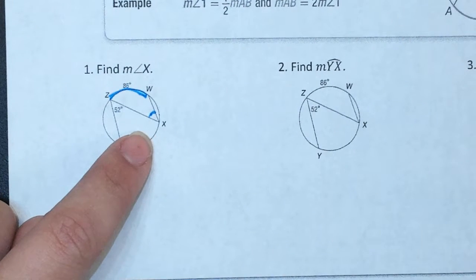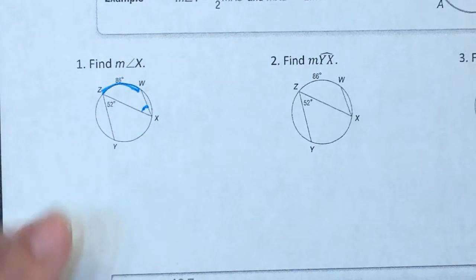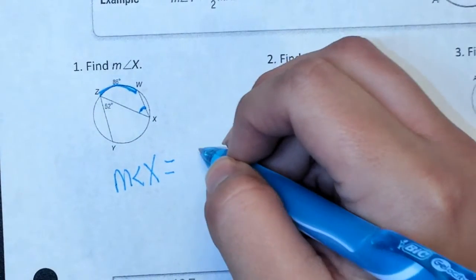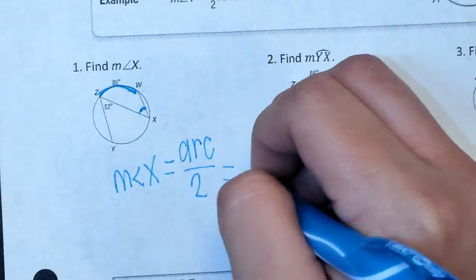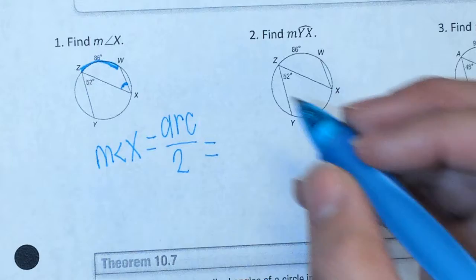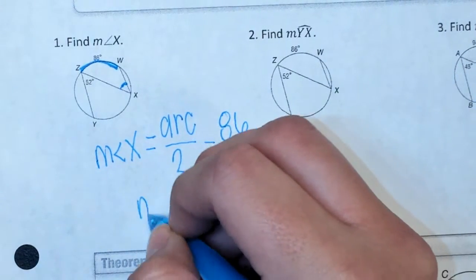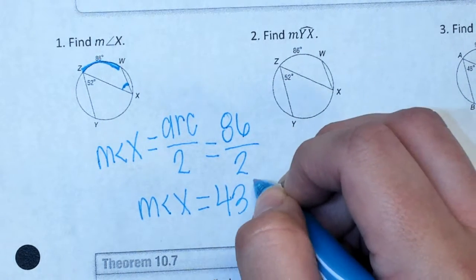So if the arc is 86, then the angle is going to be half of the arc. So to find the measure of angle X, you take the arc and divide by 2. Well, what's the arc? The arc is 86, you're one step ahead of me. Divide by 2, and you find that the measure of angle X is going to be 43.